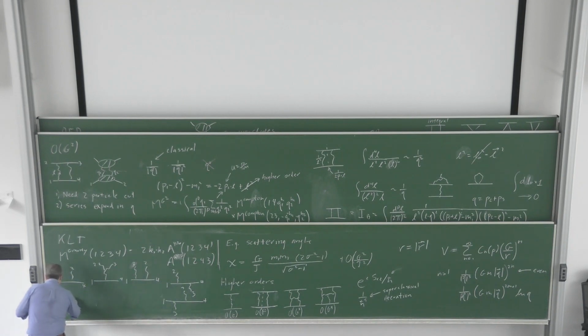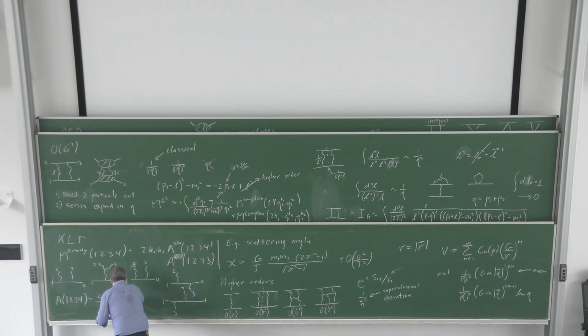A(1, 2, 3, 4) is equal to 2 K2 dot K4 divided by 2 K2 dot K3, and then A(1, 2, 4, 3). So you can use relationships between color-ordered amplitudes, converting one ordering to another ordering by multiplying and dividing by appropriate inverse propagators.